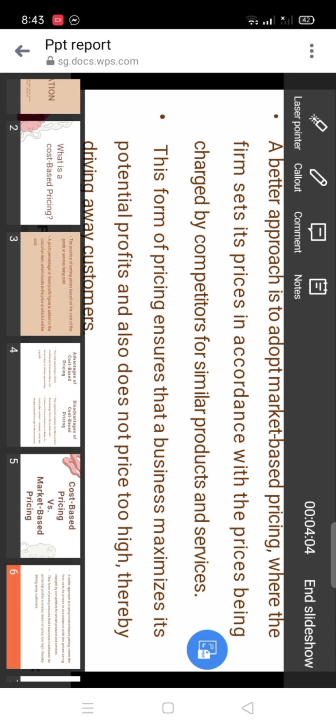A better approach is to adopt market-based pricing, where the firm sets its price in accordance with the price being charged by competitors for similar products and services. This form of pricing ensures that a business maximizes its potential profit and also does not price too high, thereby driving away customers.